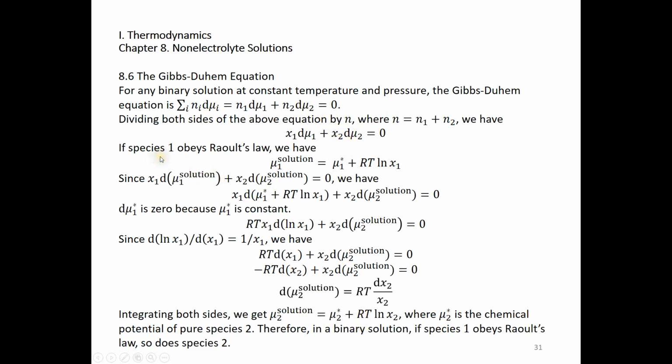If species 1 in the solution obeys Raoult's law, then species 2 also obeys Raoult's law in the same solution. Alright, so this is our final conclusion. In a binary solution, if species 1 obeys Raoult's law, so does species 2. And this is one of the applications of using the Gibbs-Duhem equation.